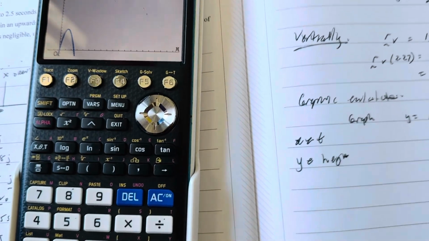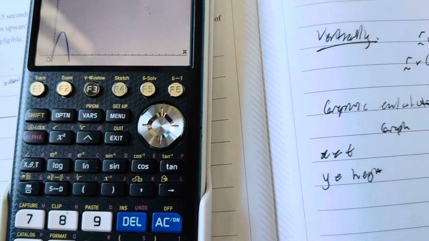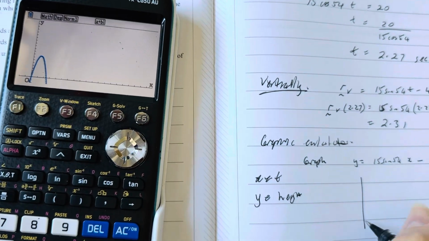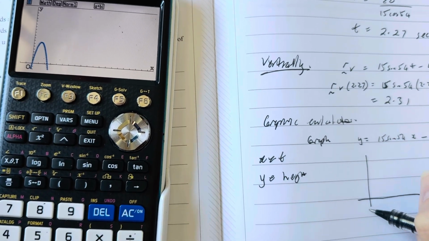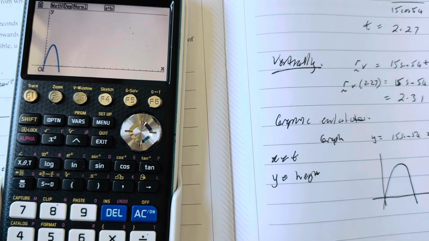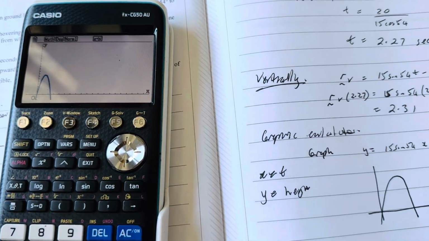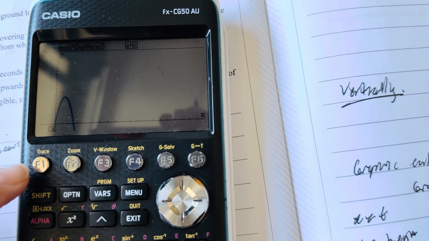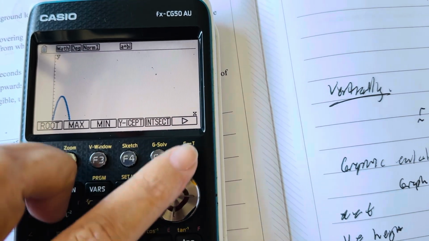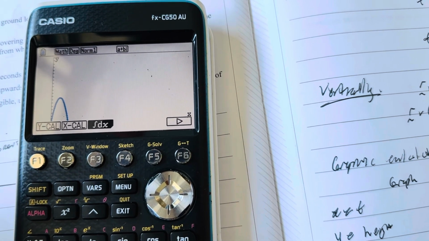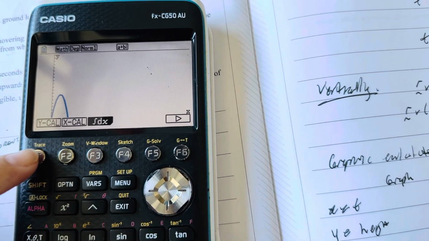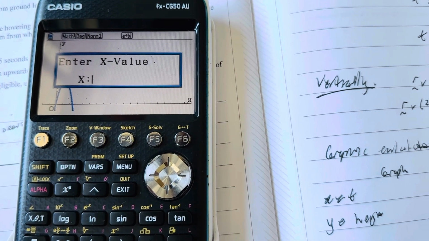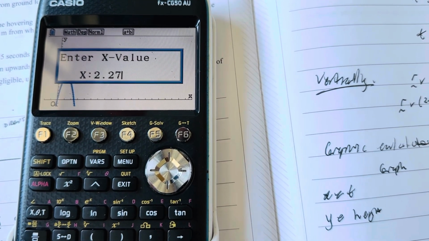Oh, my writing is terrible, sorry about that. So if we look at our little parabola, what would the height be when the time is 2.27?